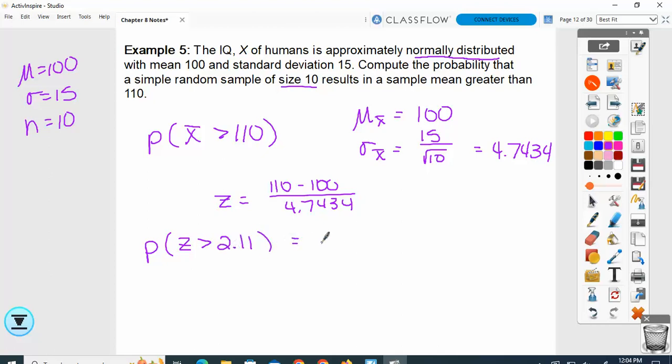How do we do greater than? 1 minus. Look up 2.11. So we get 0.0174. Okay.